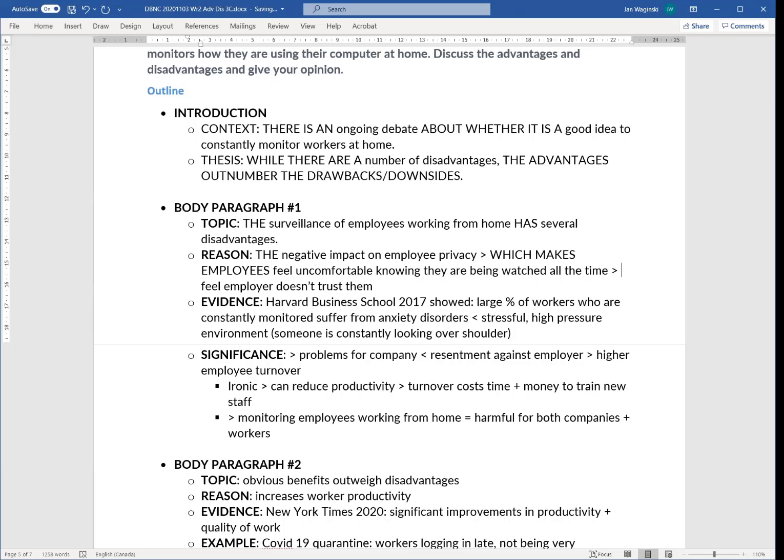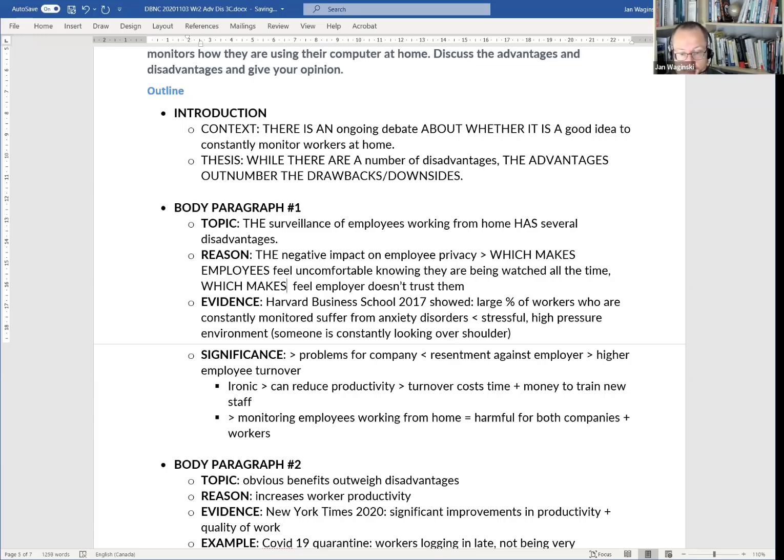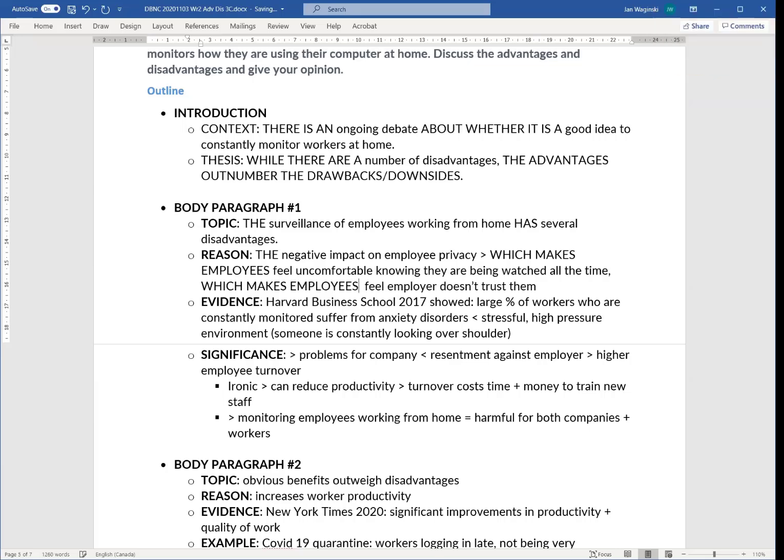So again, we can clean it up a bit later. Which makes employees feel the employer doesn't trust them.